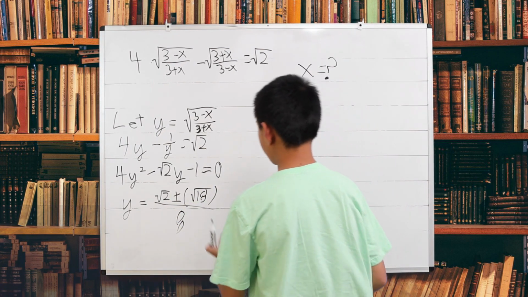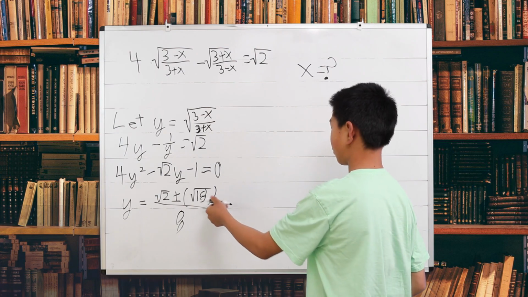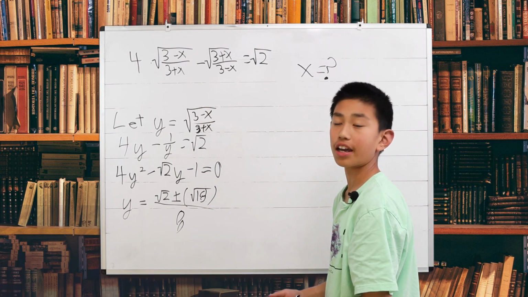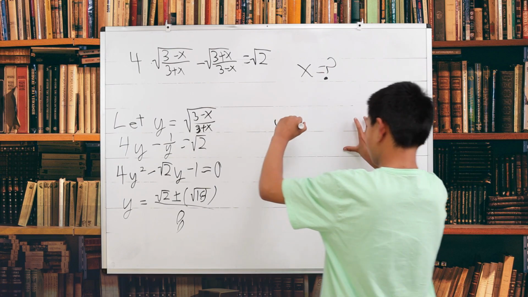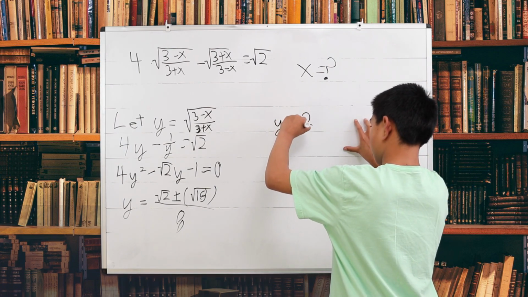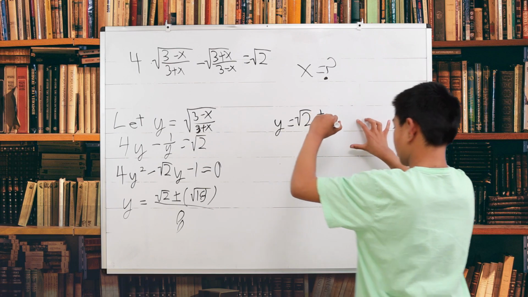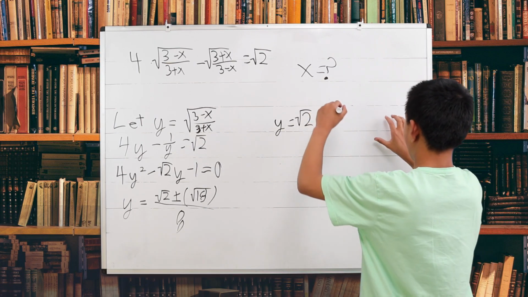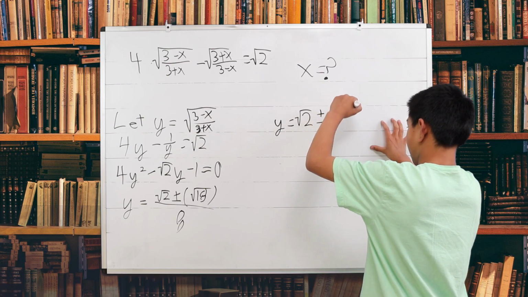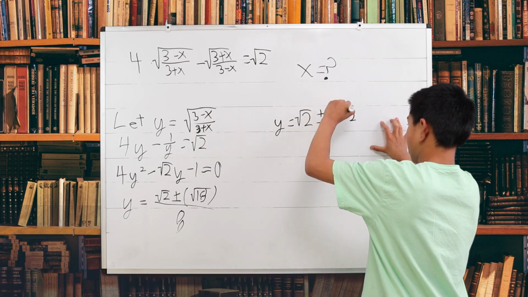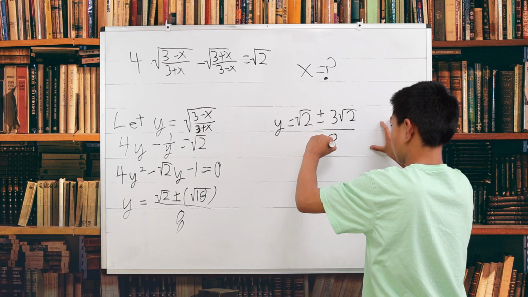Now we see that we can pull out a square from the square root of 18, which is 9. So y is equal to the square root of 2 plus or minus the square root of 9, which is just 3, so 3 times the square root of 2, over 8.